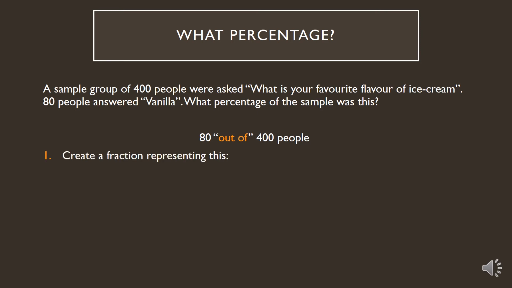Next we'll represent that as a fraction. So 80 out of 400 looks like that, 80 over 400. In this case, but not always, we could simplify. 80 over 400 simplifies to 1/5. It's not always possible, and not necessary. Now, so we have a fraction.